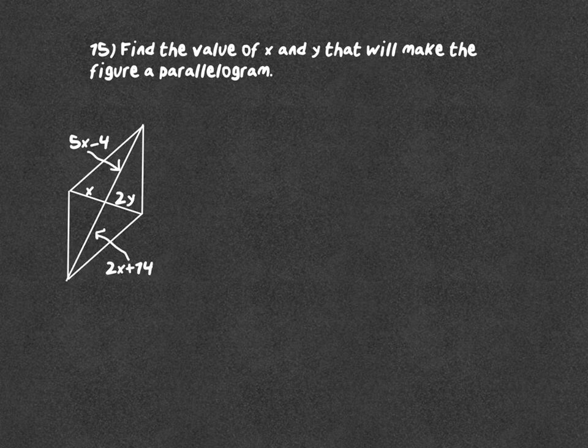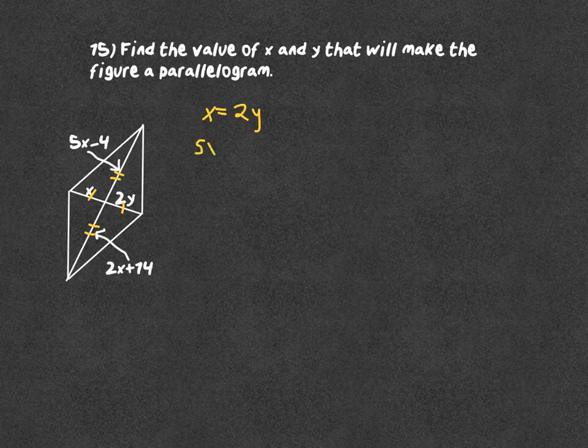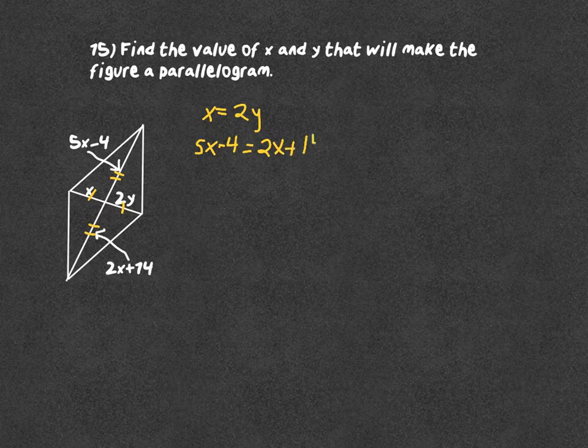For this next example, we want to find the value of x and y that makes this figure a parallelogram. In order for this to be a parallelogram, the diagonals have to bisect each other. So once again, we're going to set the bisecting parts congruent to each other. x equals 2y, and 5x minus 4 equals 2x plus 14.